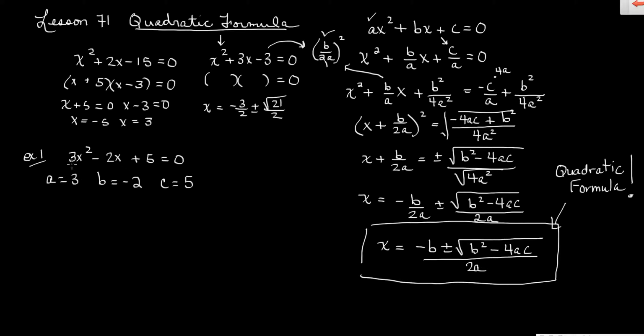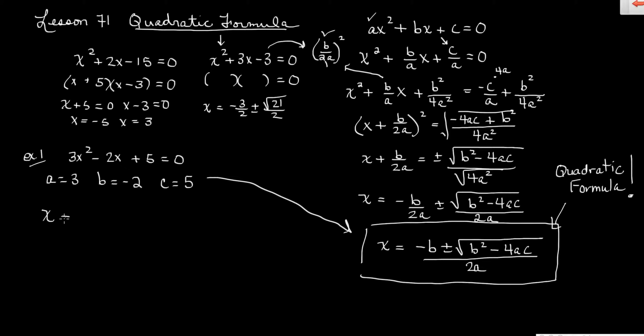So once you write those down, the coefficient of the x squared term, the coefficient of the x term, and the constant, then you just take those numbers and you put them in for a, b, and c in the quadratic formula. So here we go.